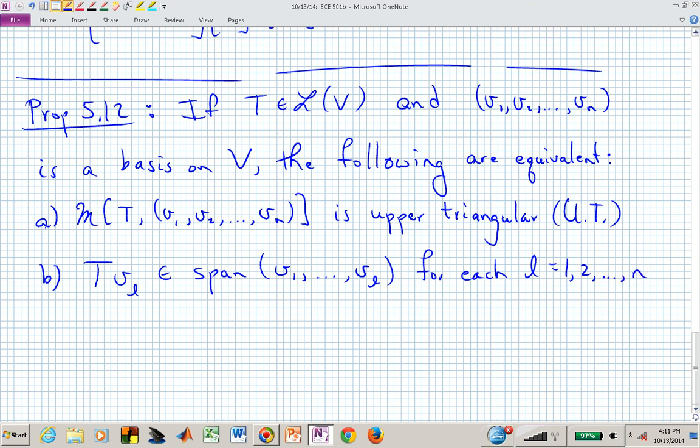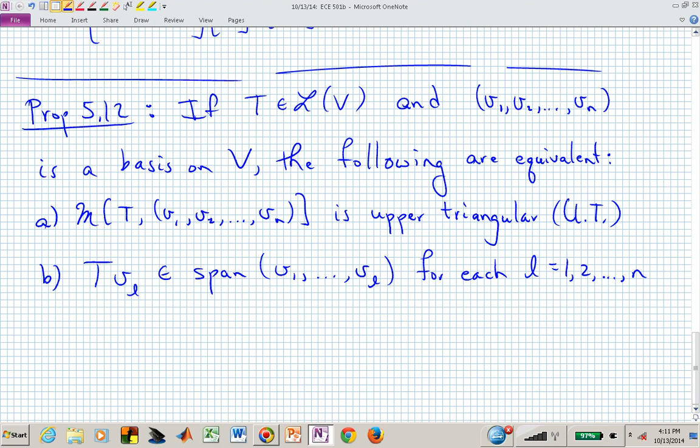So the first statement says, if you found a basis where your matrix is upper triangular, then you could also have this invariance property. Or if you have the invariance property with a particular set of vectors, then you can produce an upper triangular representation of that linear map.